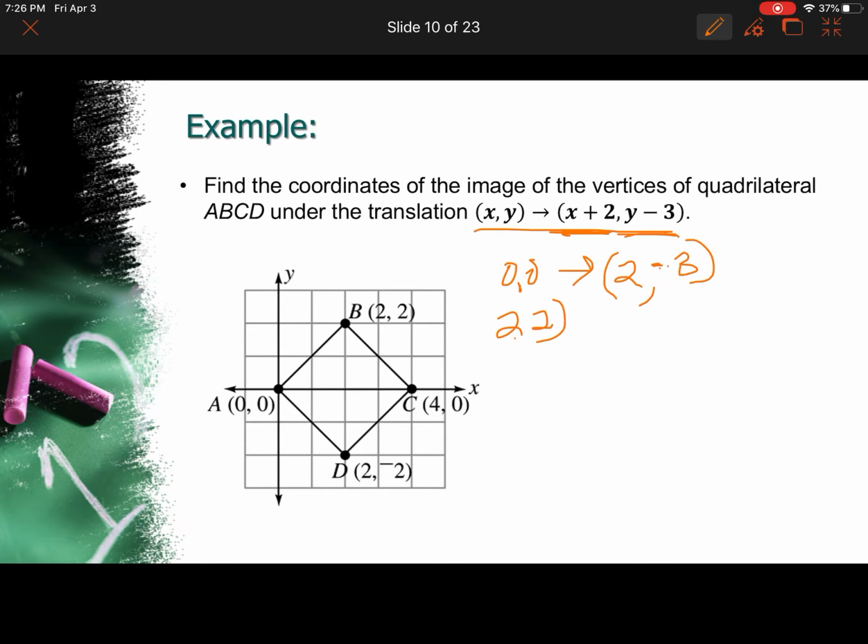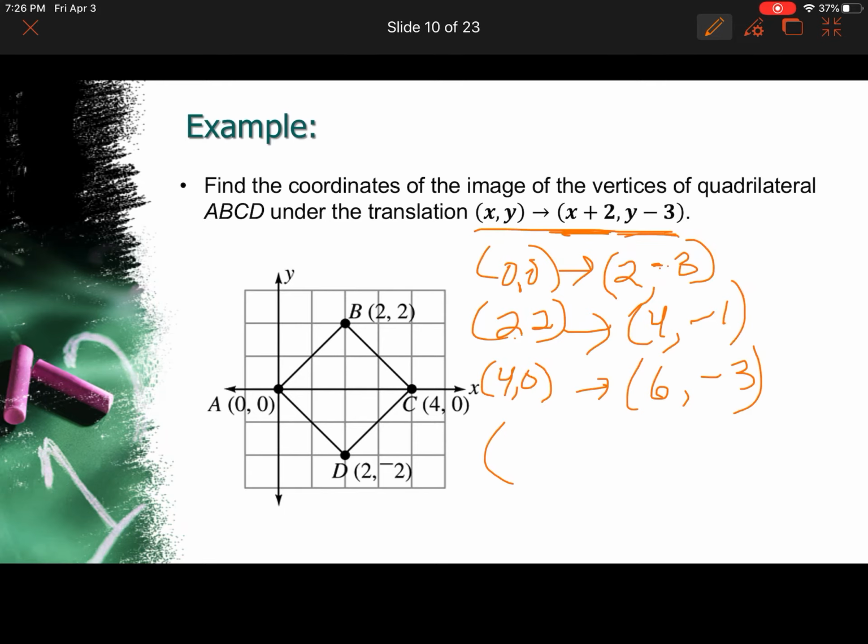And then (2, 2) is going to go to 2 plus 2 is 4, and 2 minus 3 is negative 1. So 4 plus 2 is 6, and 0 minus 3 is negative 3.